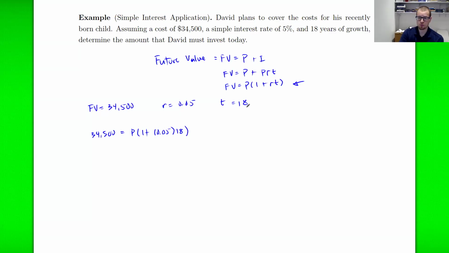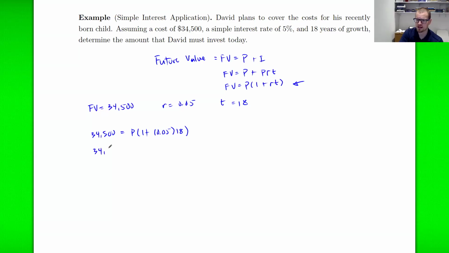Okay. With that, I'm actually going to leave this as 0.05 times 18. I like to leave my computations till the end. You might choose to do differently, but I would encourage you to not do any rounding. So be cautious about that. Since we have P times a number, I can simply divide both sides by that number.